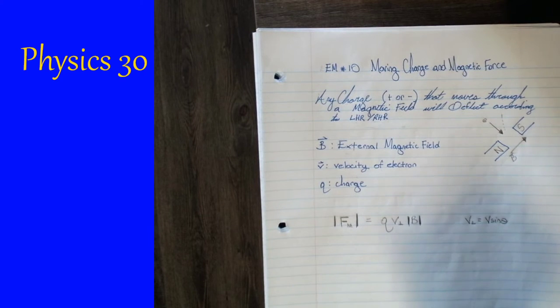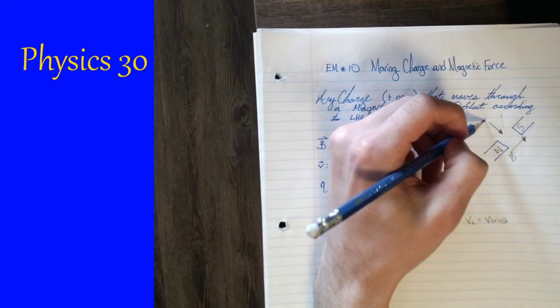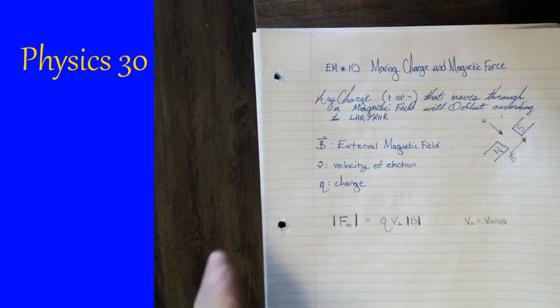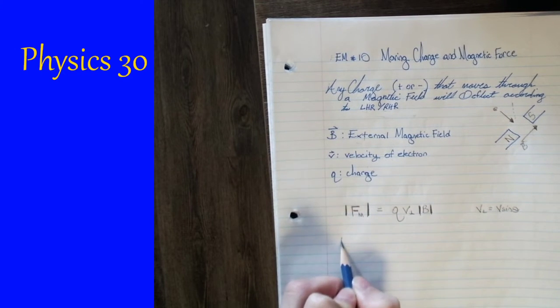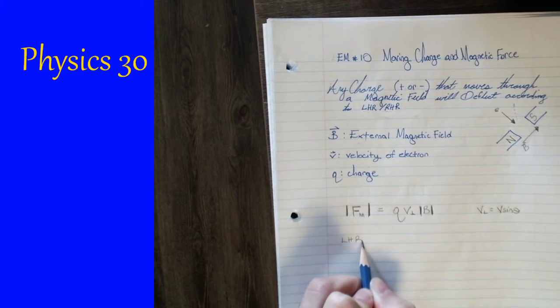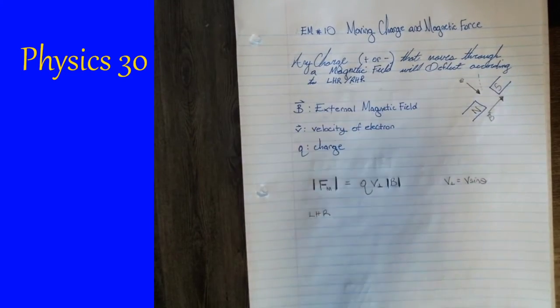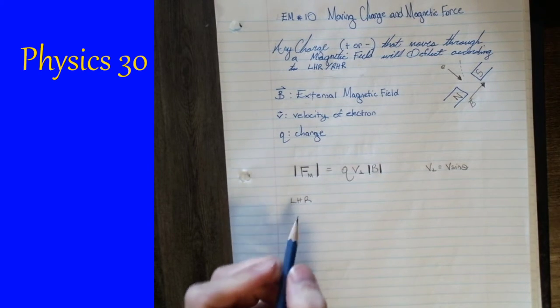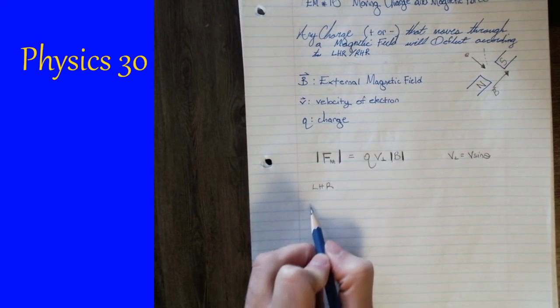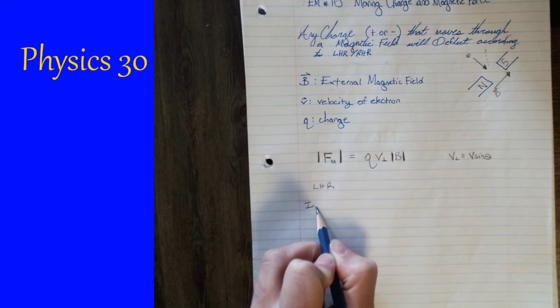So let's get into our left-hand, right-hand rule. We have an electron moving here, so that's negative charge. That's left-hand rule. And our left-hand rule has three things we have to keep in mind. So we have index finger.